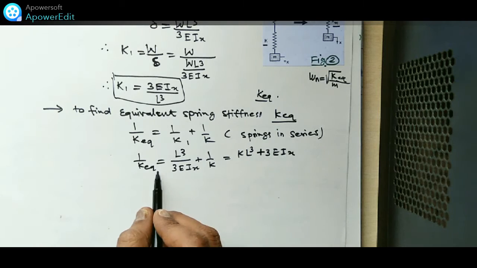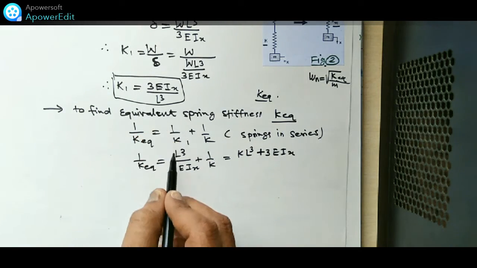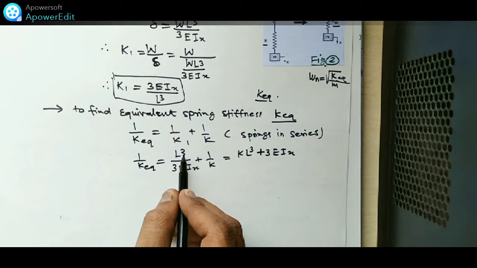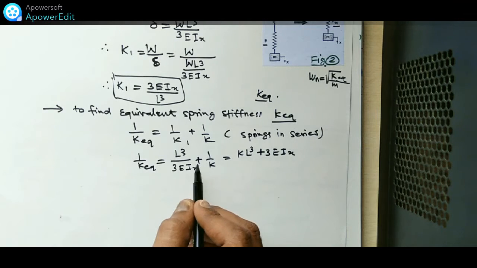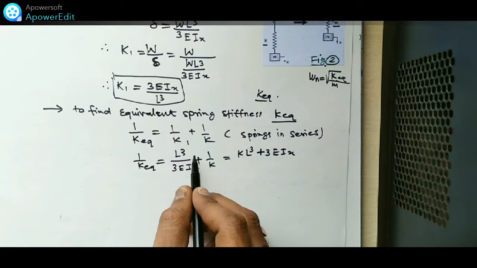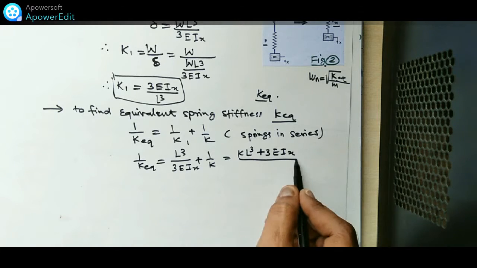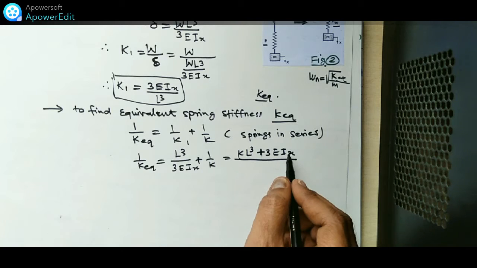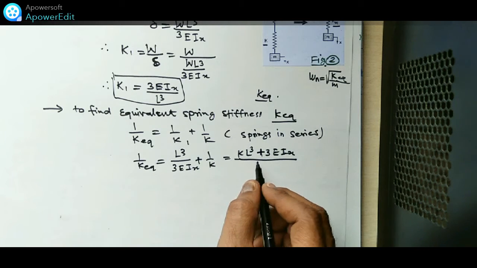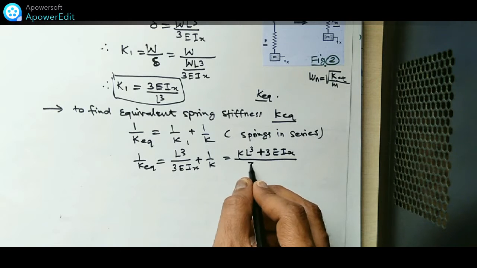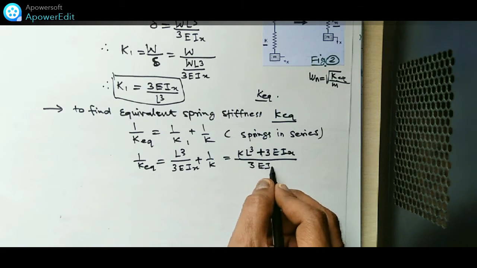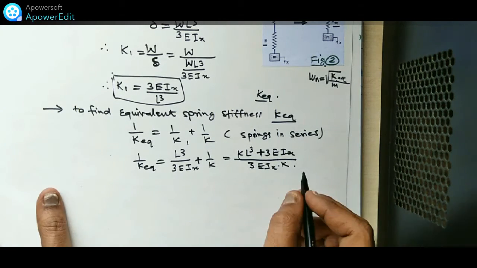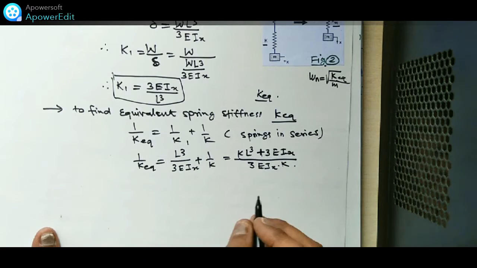Putting this value here, in the denominator, this L cube will go to the top side and this comes to the bottom side. So what will happen then? 1 upon K. Just solving this equation and rewriting, KL cube plus 3EIX in the numerator, and the denominator is 3 times EIX into K. So this is 1 by K equivalent.